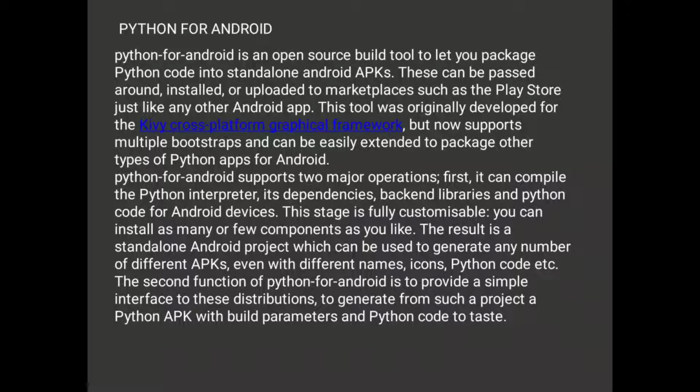The result is a standalone Android project which can be used to generate any number of different APKs, even with different names, icons, Python code, etc. The second function of Python for Android is to provide a simple interface to these distributions to generate from such a project a Python APK with build parameters and Python code to this.